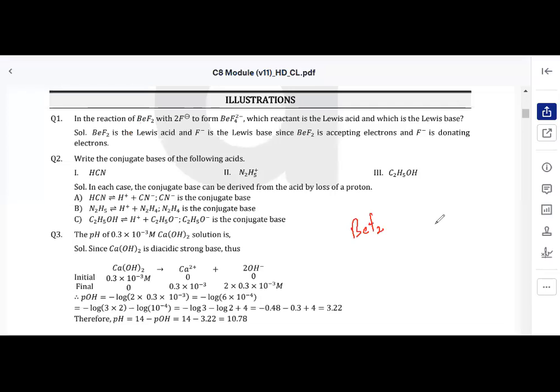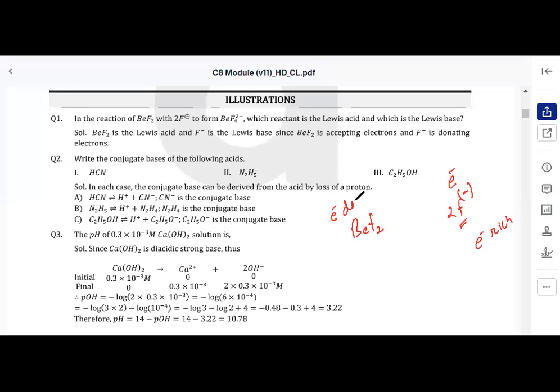In 2F minus, the F has electrons, so obviously it is electron rich. And BeF2, we know, is electron deficient.